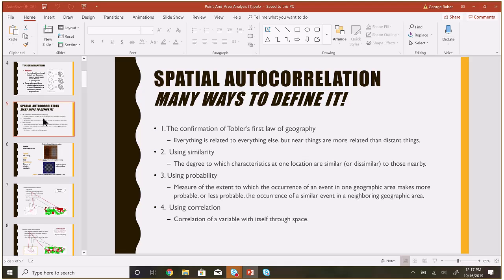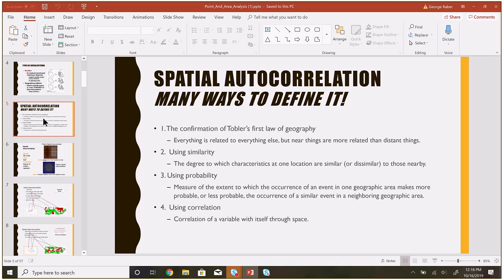And then we could measure similarity, the degree to which things are similar to other things nearby. That's moving away from being purely qualitative to looking at how different or similar they are, not necessarily quantifying those numerically. These last two are what we're going to talk about today, using correlation. We're going to touch on this a little bit.